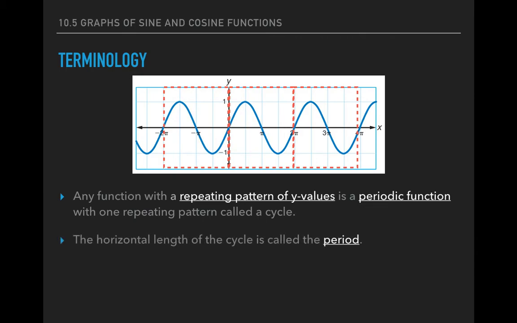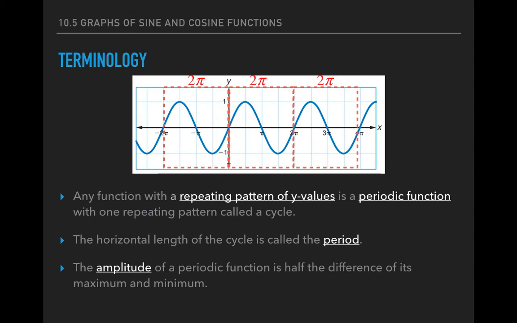The horizontal length of your cycle is called the period, and the period here would be 2 pi long. It is 2 pi for each little cycle. Between 2 pi and 4 pi, that is a length of 2 pi, and the measure between -2 pi and 0 is 2 pi.